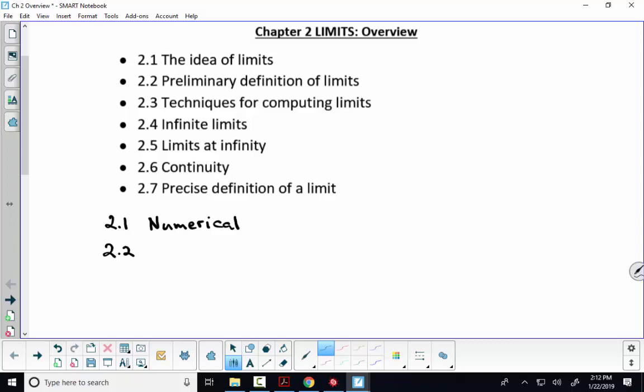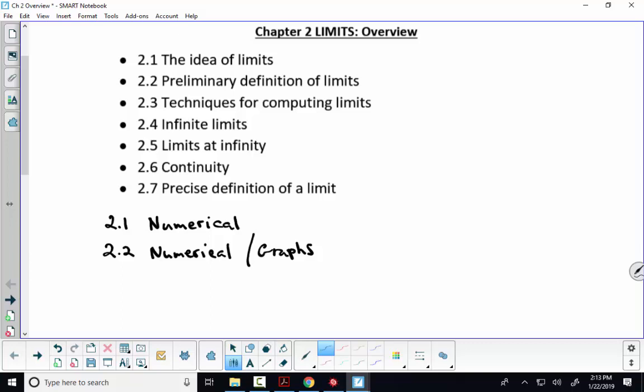It's more of a working definition of a limit. Again, in 2.2, we'll also look at some numerics and the graphs. Looking at numerical evidence and graphical visual evidence to determine limits.